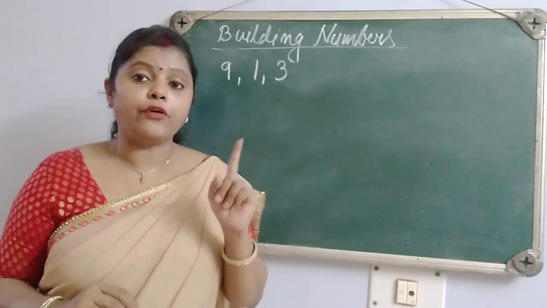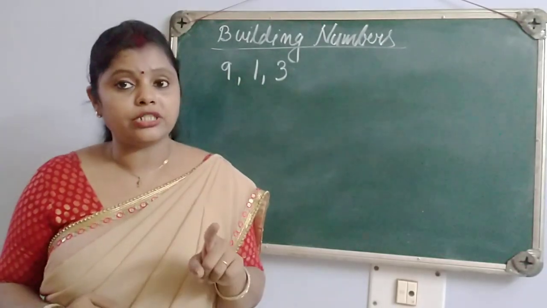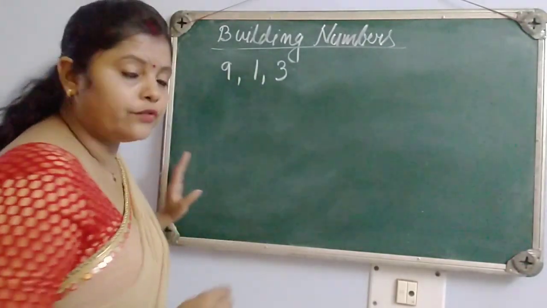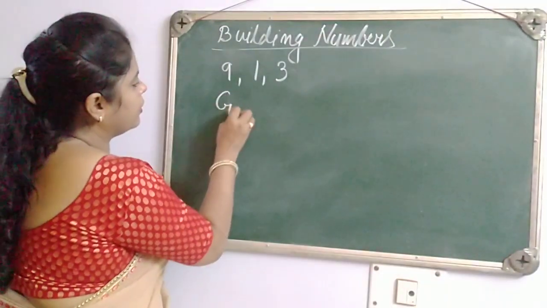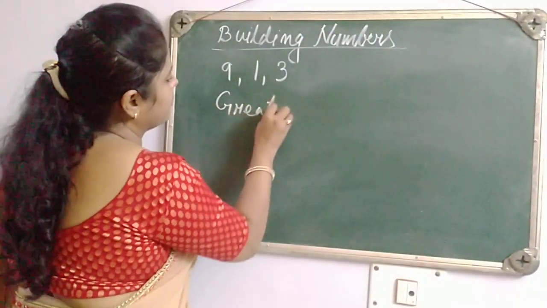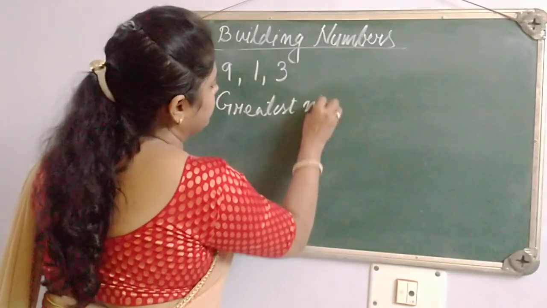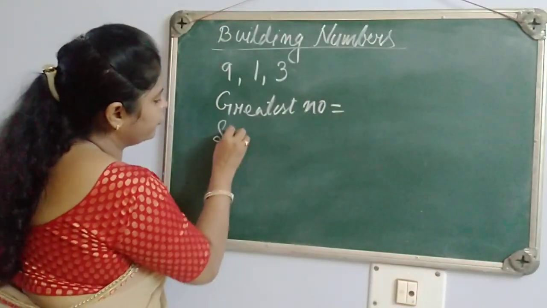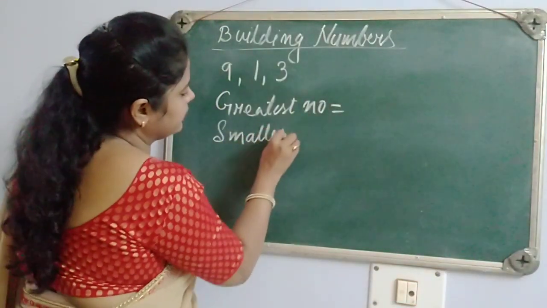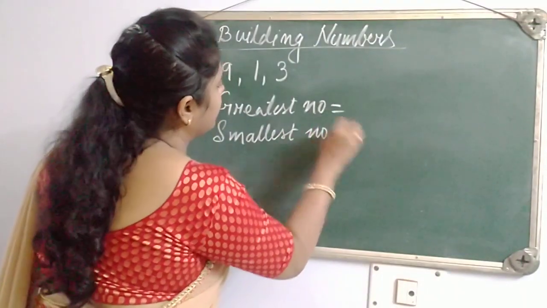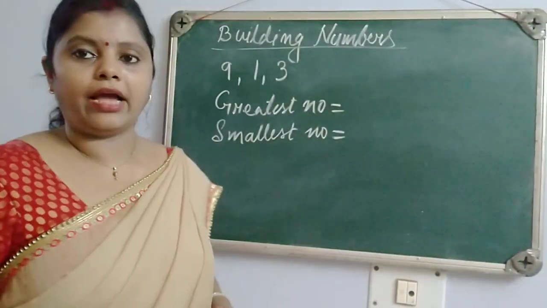The question was to form the greatest and smallest 4-digit number. So first of all we are going to form the greatest number, as well as the smallest number. Now, for the greatest number, what do we have to do?